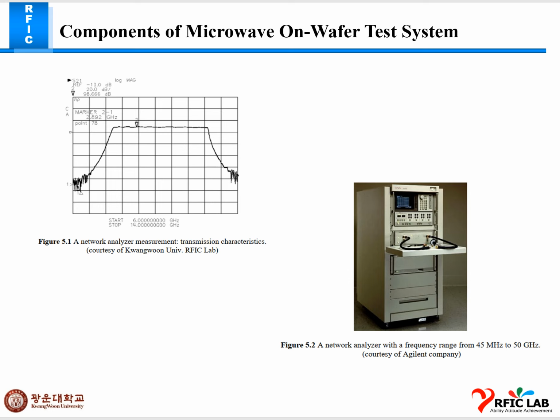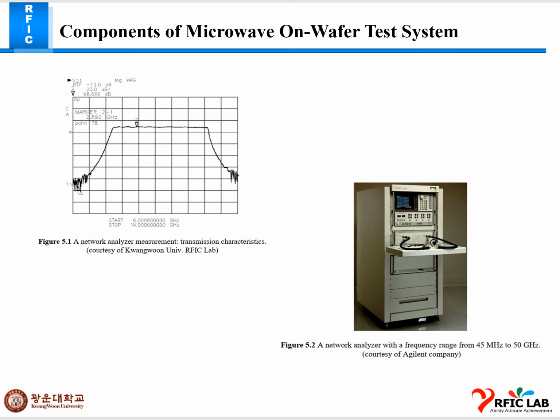As you can see, it starts at 6.00 gigahertz and stops at 14.00 gigahertz, and marker 1 is at a frequency of 2.89 gigahertz, and it lies at the point of 78.